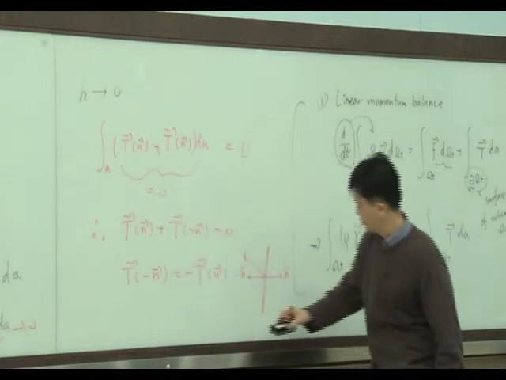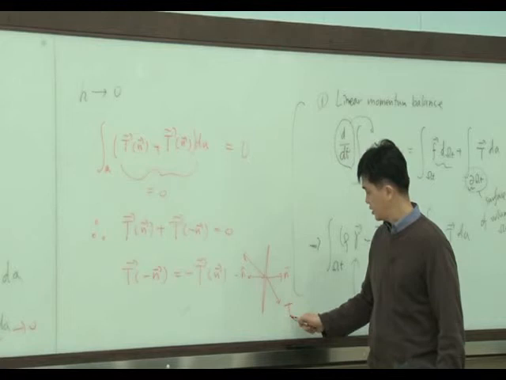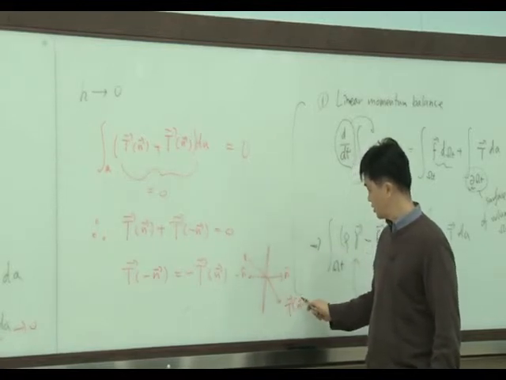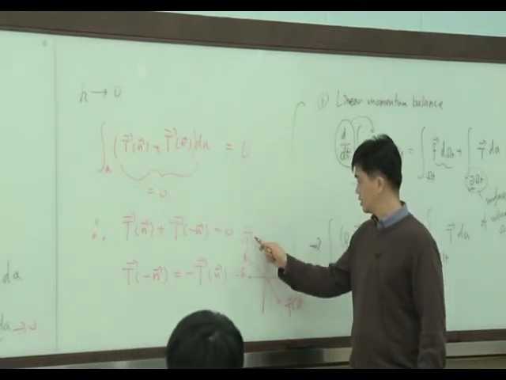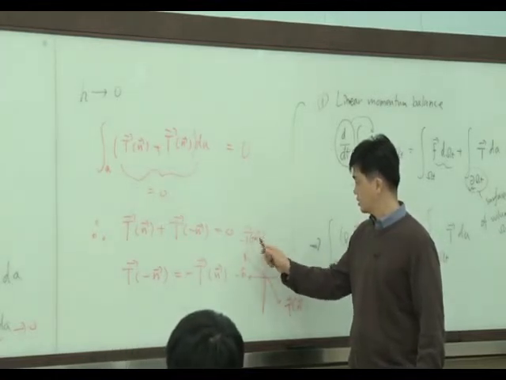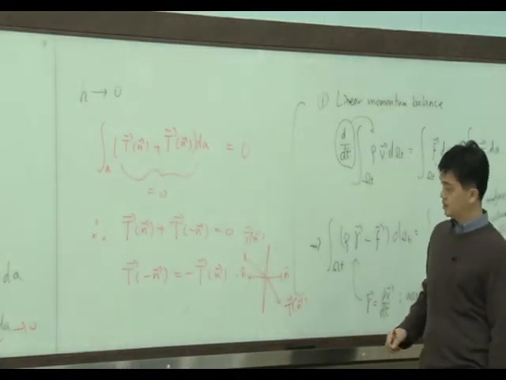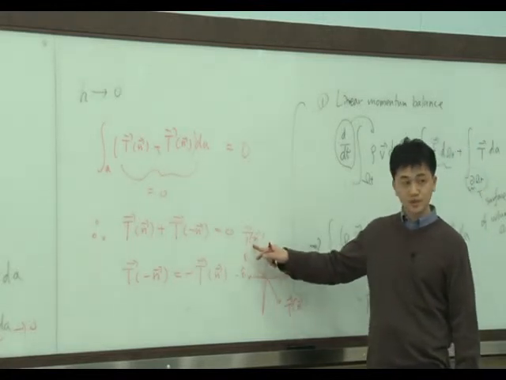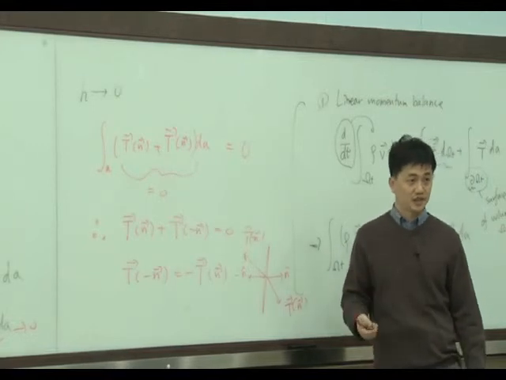Okay, and here is t. This is t(n), and this is minus t(n), at minus n. This means this face and this face have the same magnitude but opposite direction.